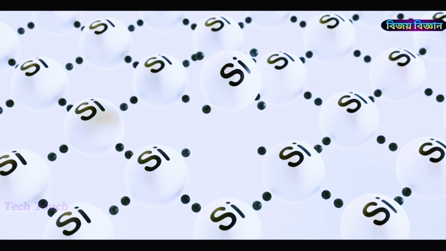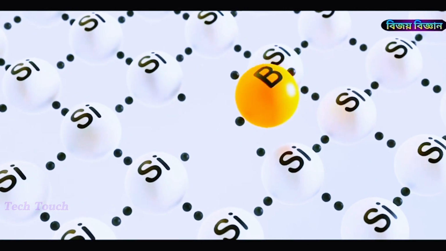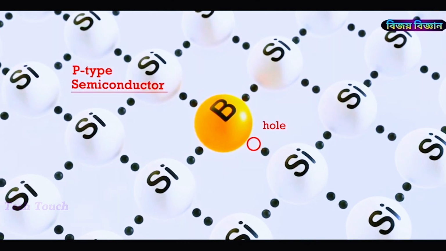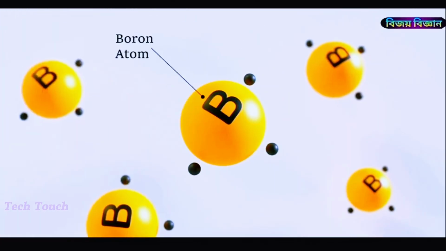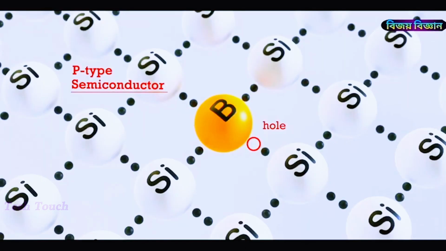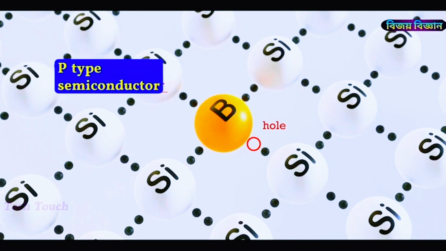A boron atom is placed between the silicon atoms around it, so a hole or gap will be created here for an electron. Because the number of electrons in the last orbital of boron is 3, 4 are required to form a bond. That is, 1 electron is still required here. In such a situation, silicon is called a P-type semiconductor.